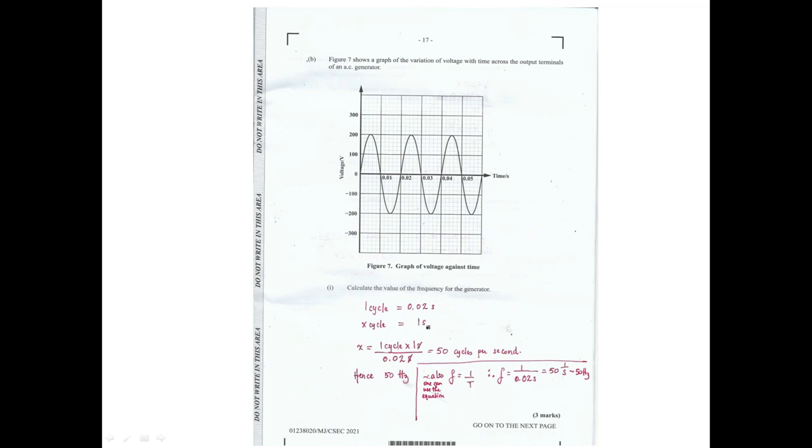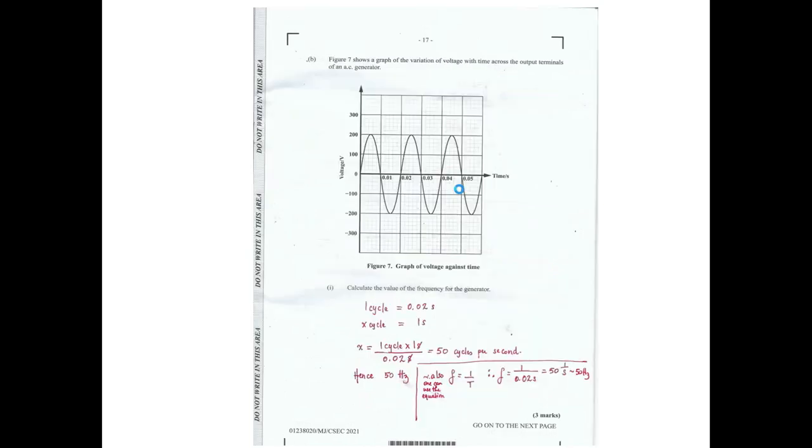So for me to solve for frequency, knowing that definition, I would say, if 1 cycle passes in this amount of time, how many cycles pass in 1 second, which represents frequency, right? And so this would give me the same 50 cycles per second, hence 50 hertz. So to me, once you could work out things 2 different ways and get the same answer, pretty much you're on the right track.